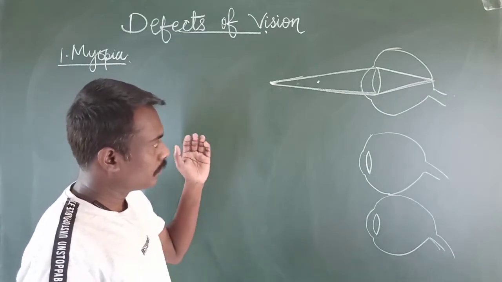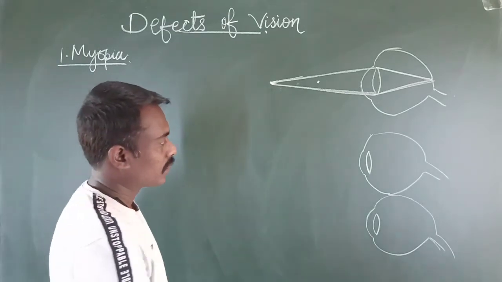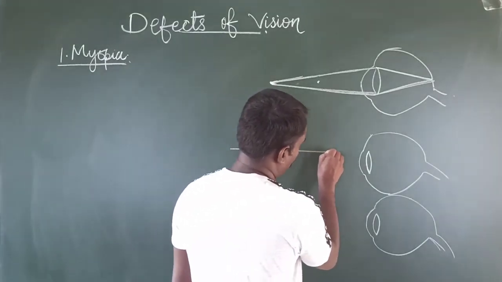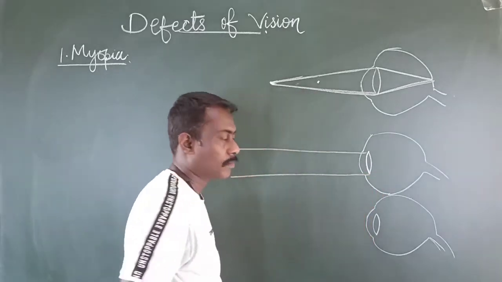But what happens in a myopic eye? The light rays coming from far away objects, we know, are parallel.